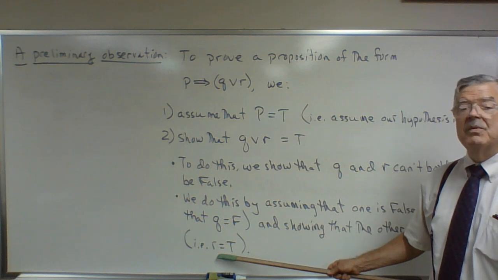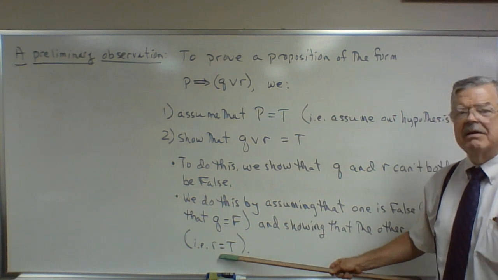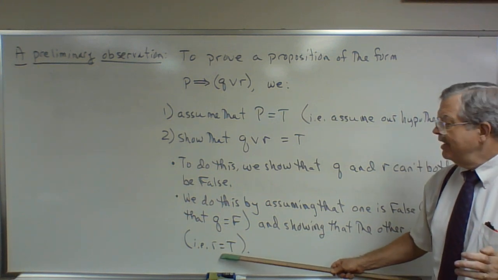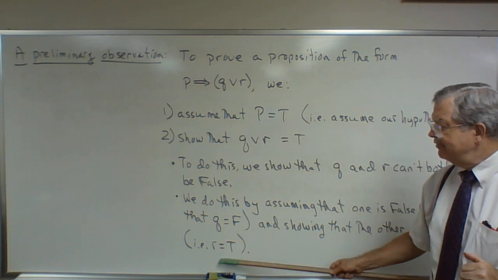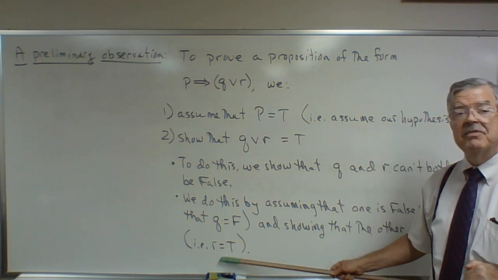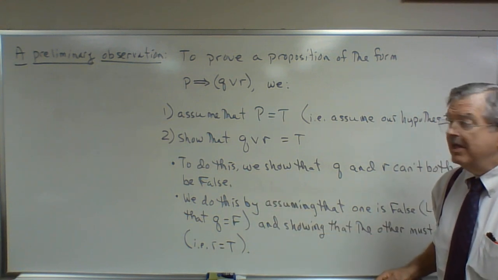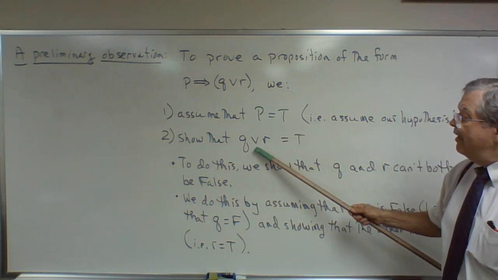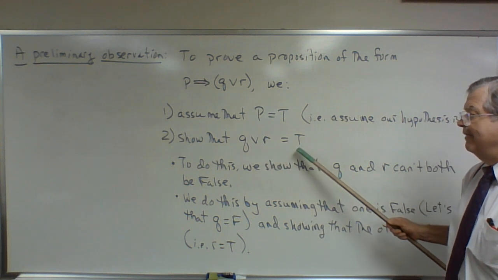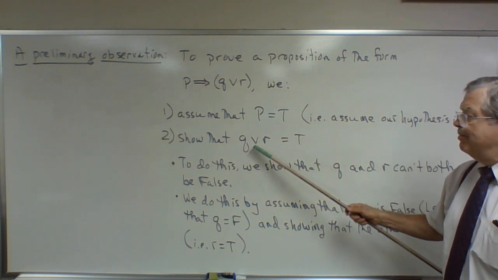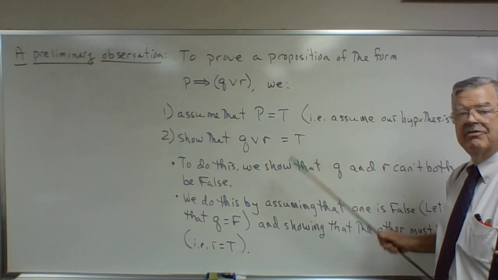And in so doing, we're showing that they can't both be false. And if they're not both false, they have to be true. If both statements in a disjunction are not false, then it's automatically true.